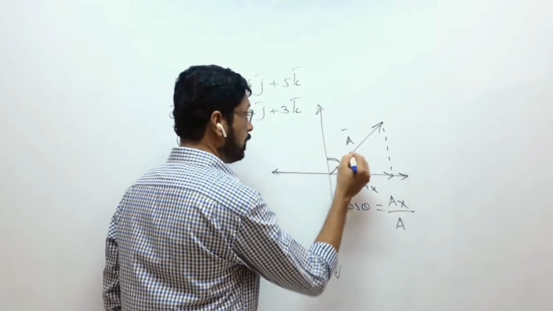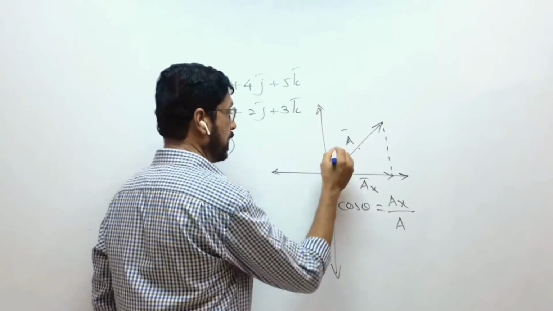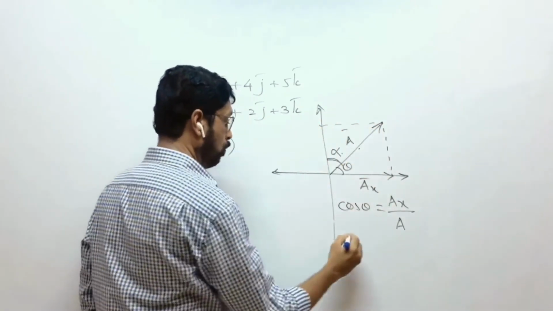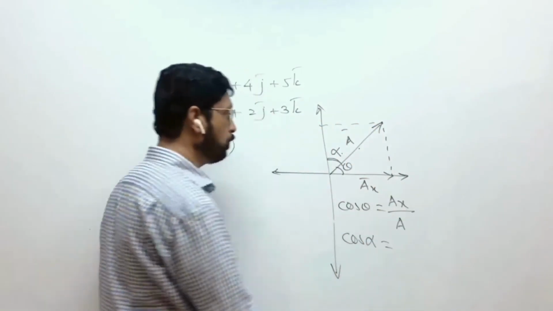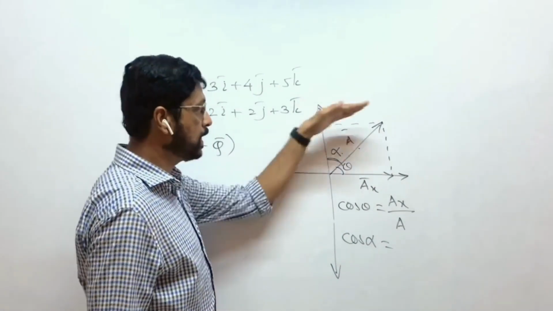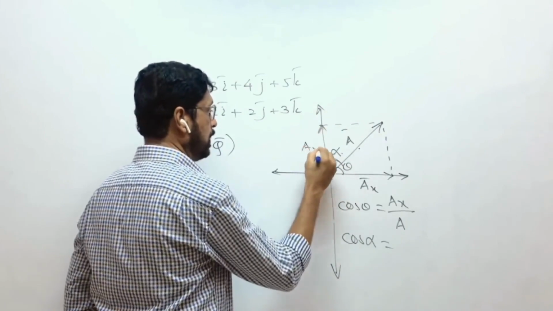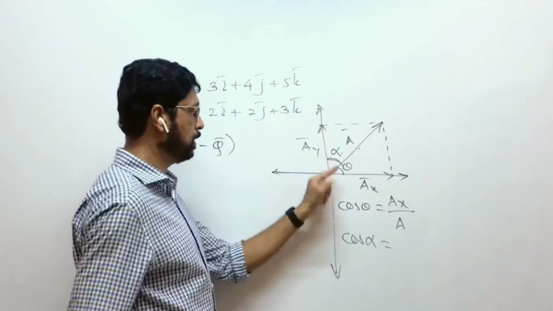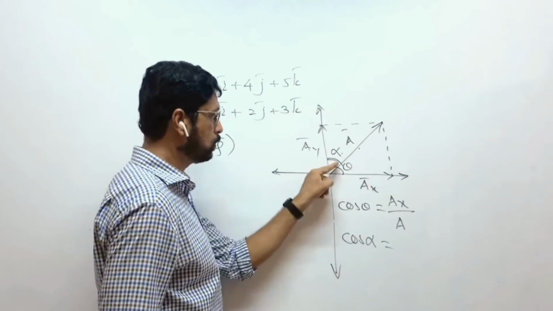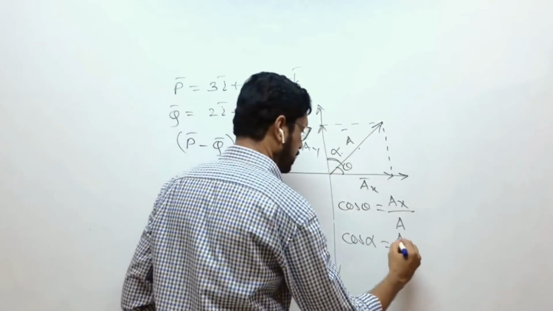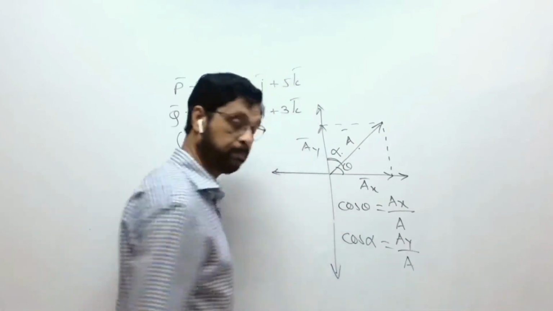Suppose the angle of this vector with the y axis is alpha, then what will be cos alpha equal to? Adjacent side upon hypotenuse. Adjacent side means what is this? This is ay, this is ax, this is ay. So cos alpha will be adjacent side upon hypotenuse, that is ay upon a.